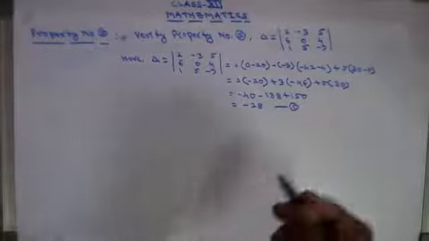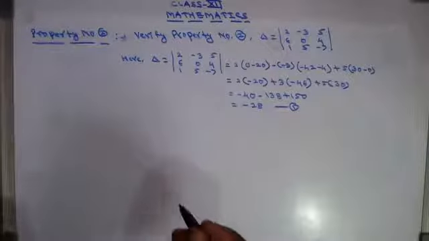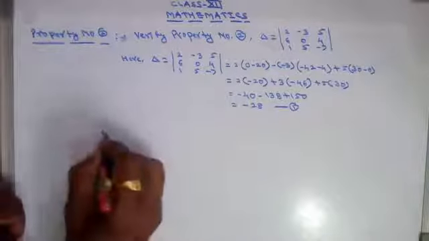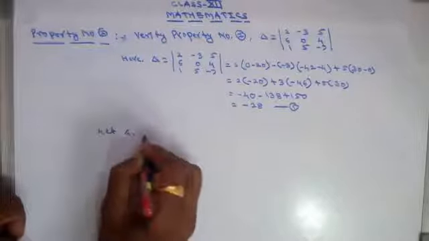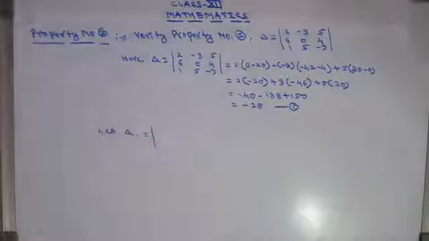Now interchanging first row and third row, see what happens. Let delta 1 equal to, I am interchanging first row and third row. See what happens.